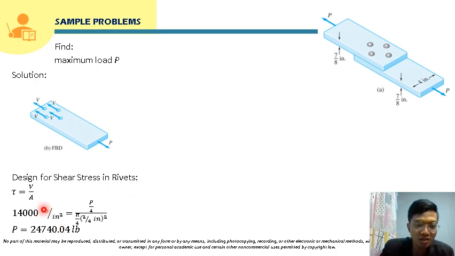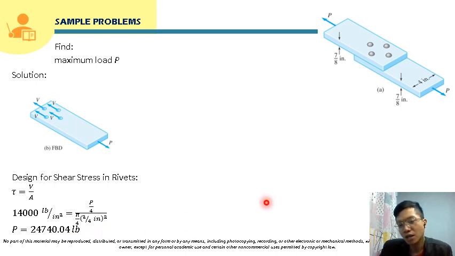The unit for this will be the unit that we use here, which is pound. So this is the load P if you are going to use the criteria for shear stress in the rivets. Now, we also have to compute for the value of P using the criteria for the bearing in the plate.